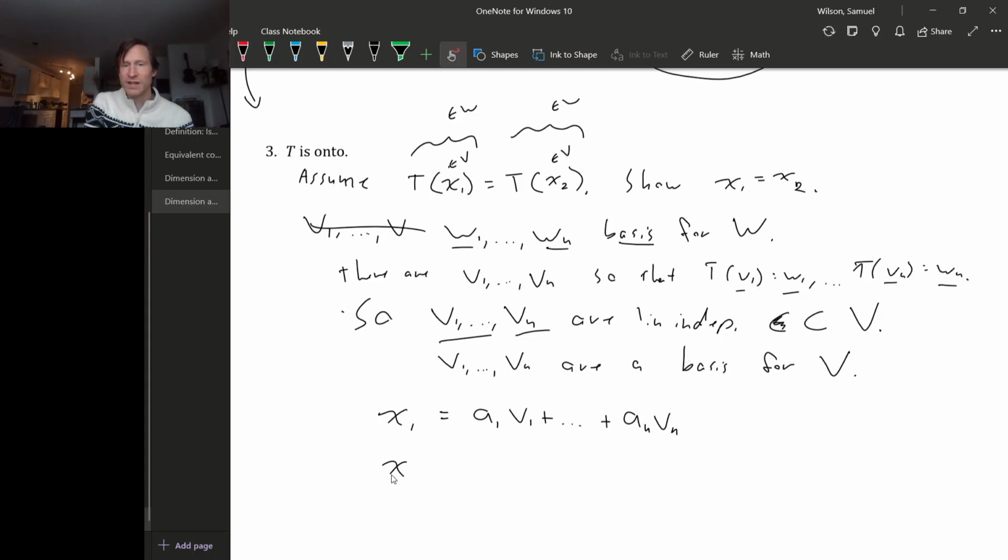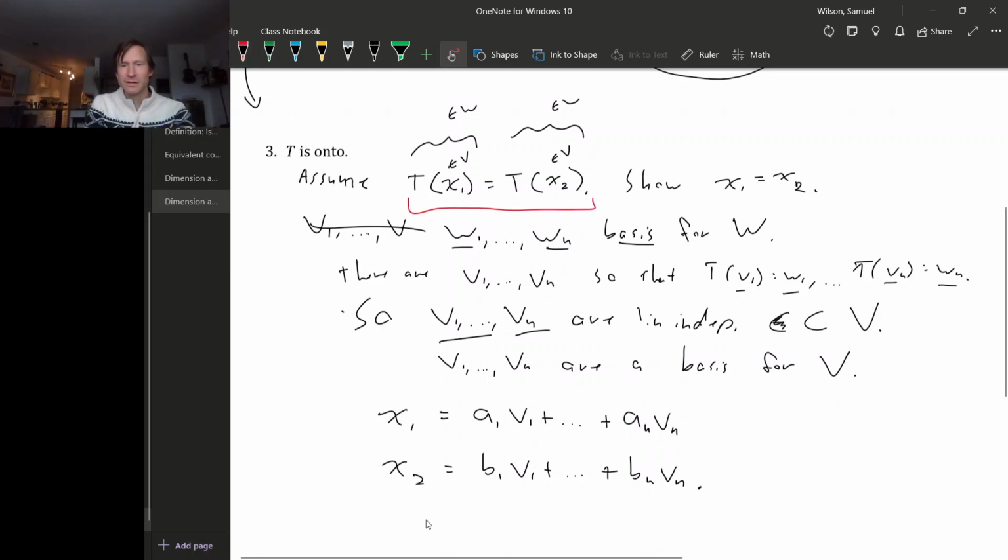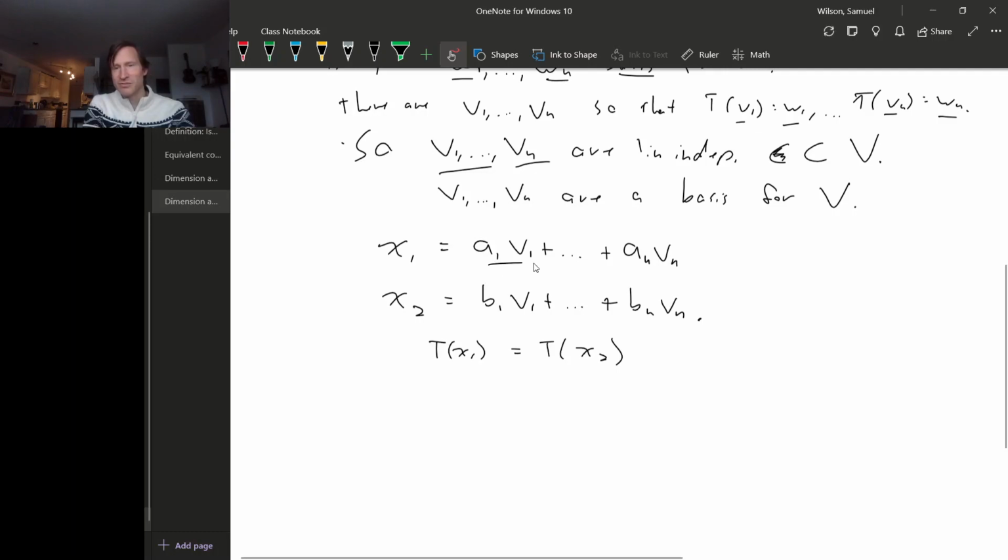And then the same thing for x2. x2 has to be b1 v1 plus dot dot dot down to bn vn. All right. Now remember, we're assuming that T of x1 is equal to T of x2. And that means we can put these expressions for our x's inside of here.